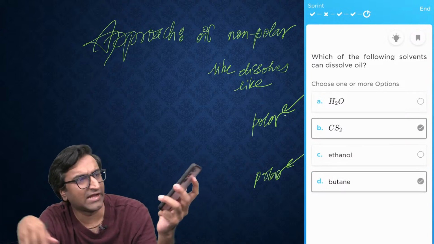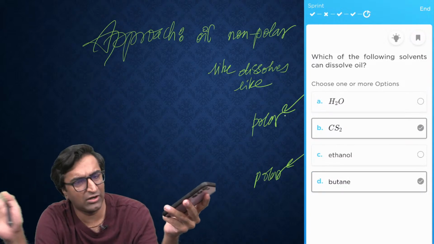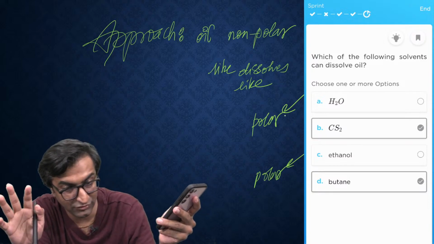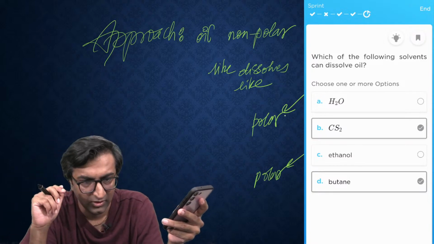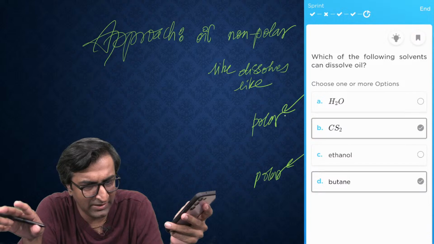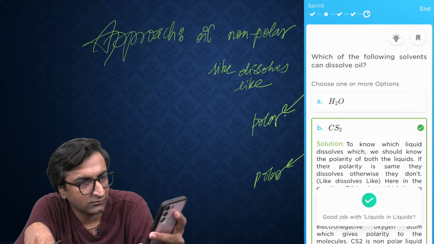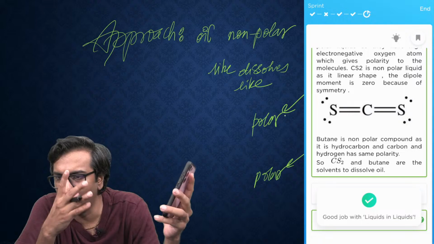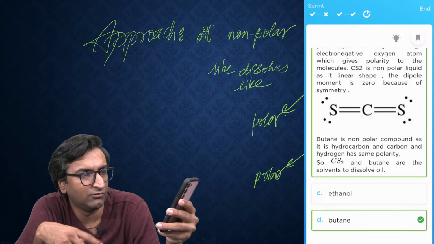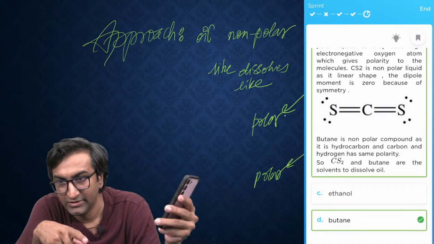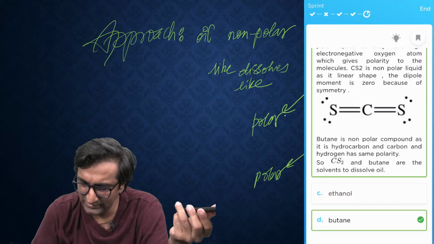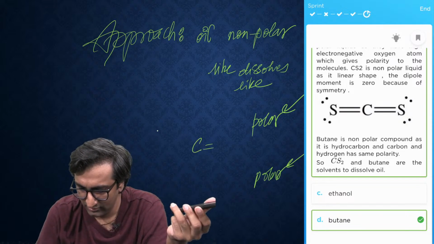So CS2, which is carbon disulfide, and butane also should be right. Yes, Shoaib Saifi ji, absolutely right, B and D. Pink, do you see why it's B and D? JM, it's B and D as well. Yeah, that's it, going with the whole polarity and all of that. Butane is non-polar, etc. CS2 is non-polar, CS2 is like CO2, right?